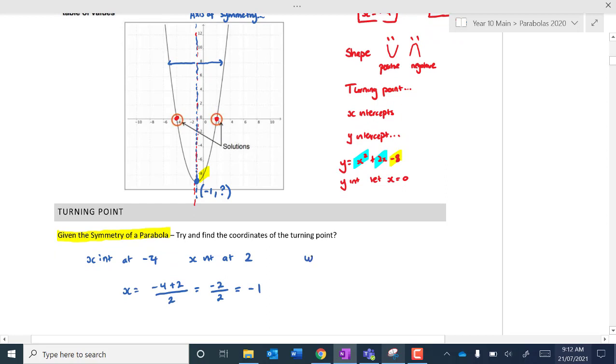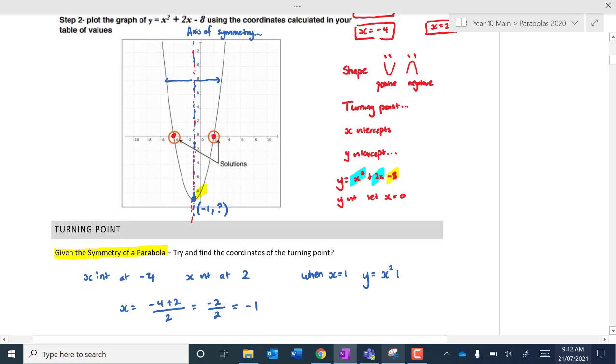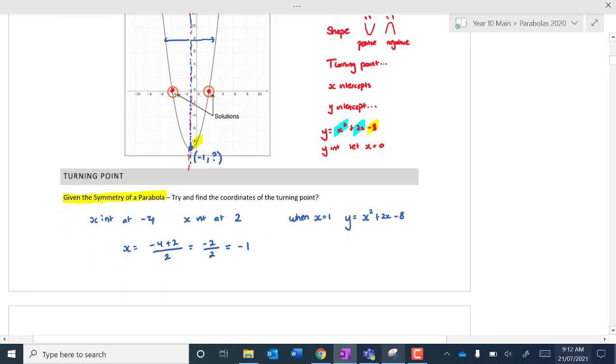Well, when x equals -1, let's sub it into the equation: y is equal to x squared plus 2x minus 8. If I sub that in, what does y equal? Well, we don't know yet, we're going to find out.